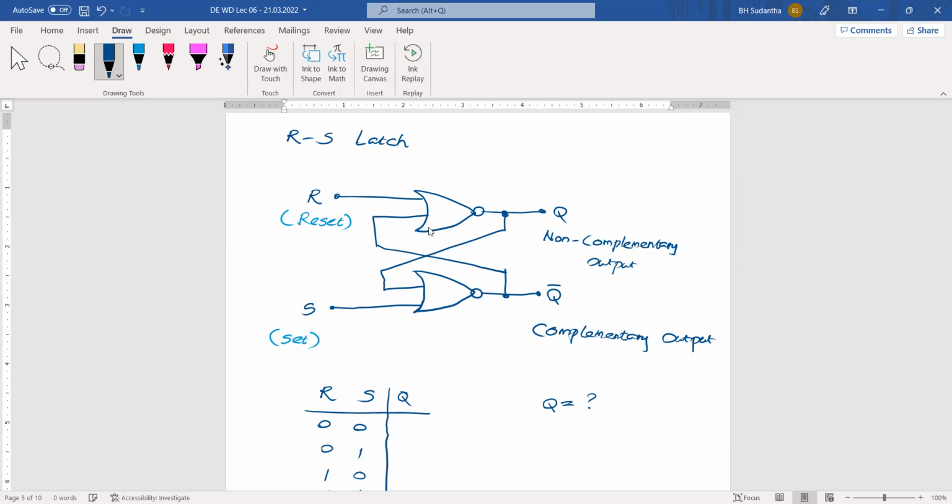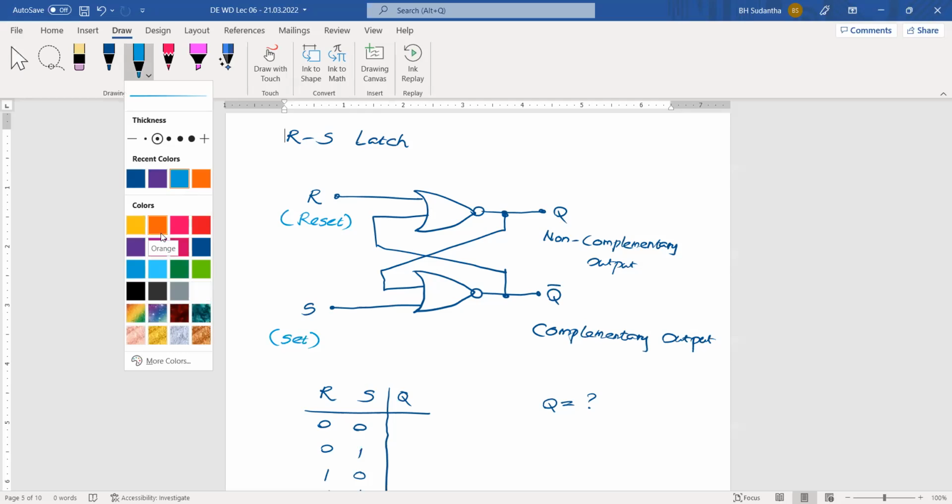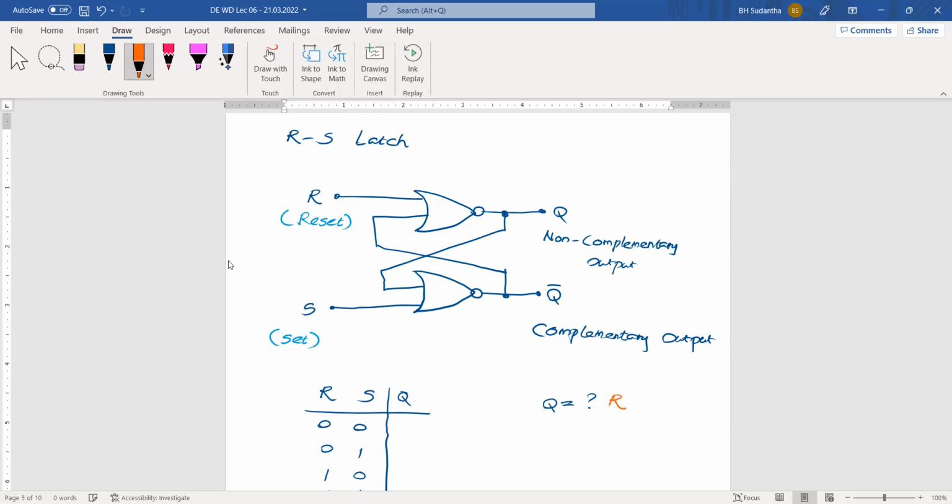Can you write Q in terms of R and S? What is Q? For Q we need R, that is one input. The other input is Q bar.